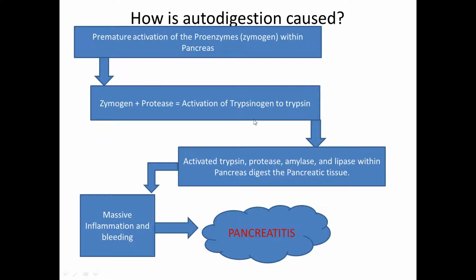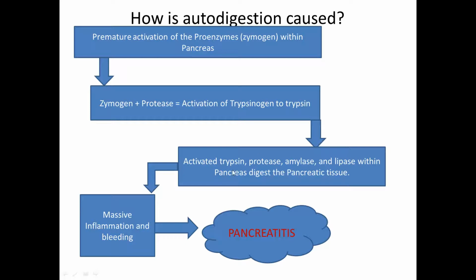Now this activates trypsinogen to convert into trypsin. As a result, when trypsin is activated, the other enzymes in the pancreas get activated, like activated trypsin, amylase, and lipase, which digest the pancreatic tissue within the pancreas.